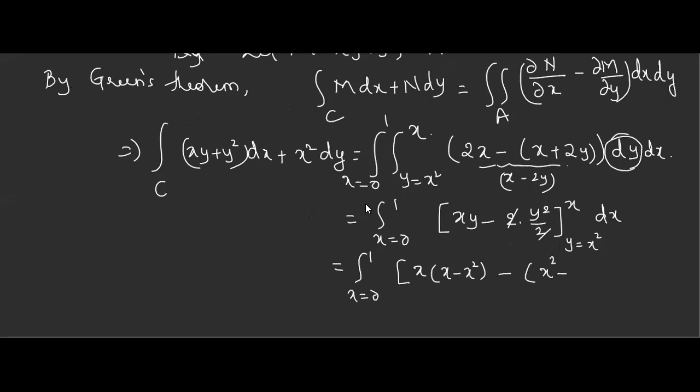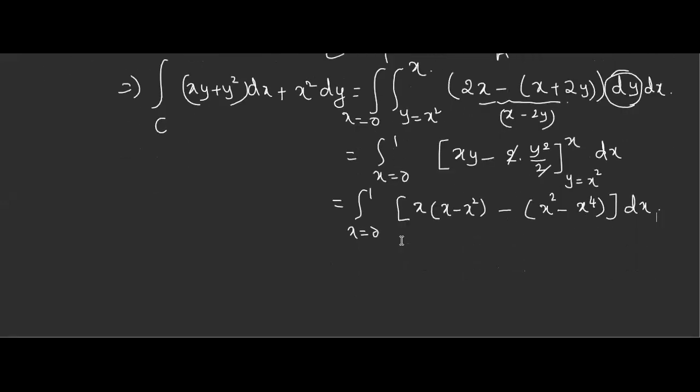Minus, if I square the value of x square, what do I get? x raised to 4. Is the substitution of the limit clear? The upper limit is x, so I'm writing y as x minus x square. Here it is y square only, so the limit has to be squared: upper limit square minus lower limit square.